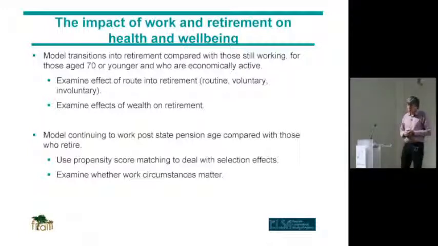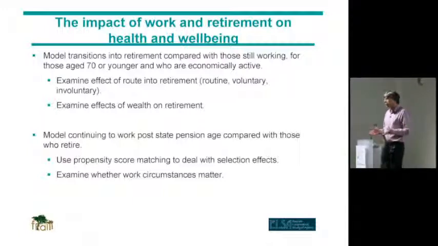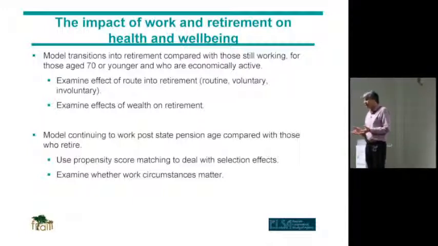And here, what I want to do is show you that retirement is not an equal process, and that staying in work is not an equal process. So, on average, when you look at the impact of retirement on health, look at the impact of retirement on well-being, you see no relationship. People who retire look pretty much like those who stay the same, those who stay working.